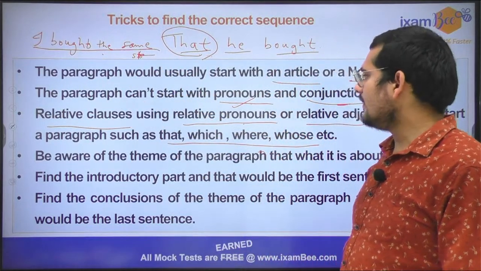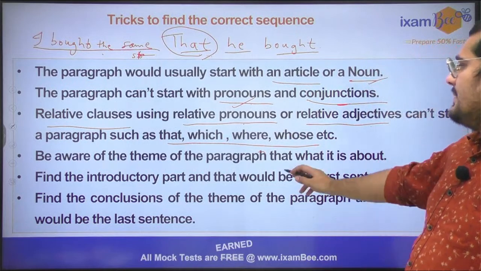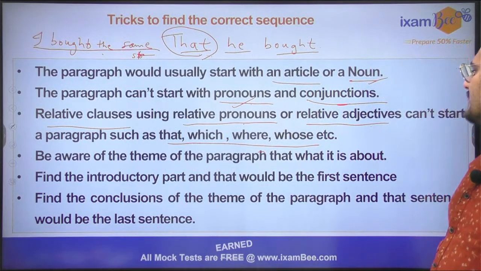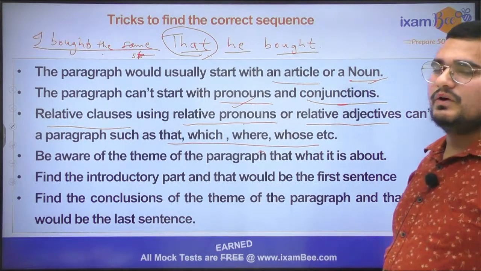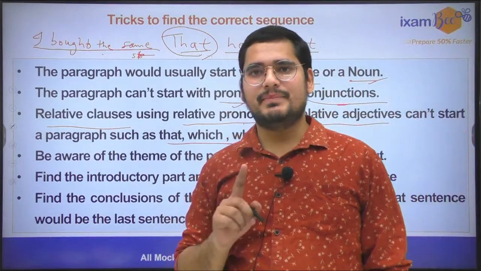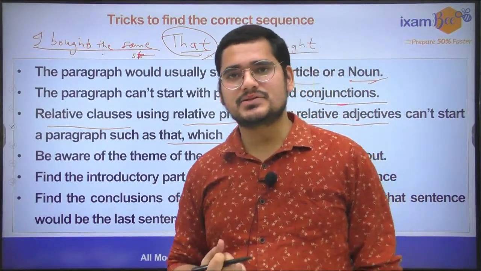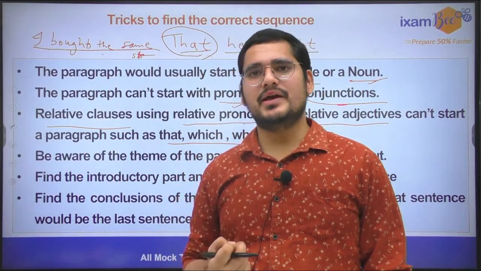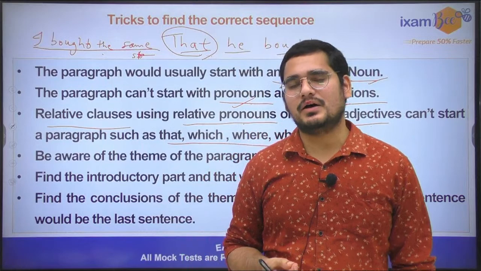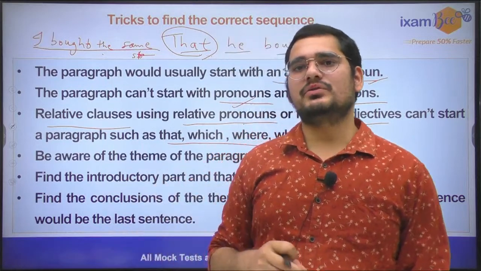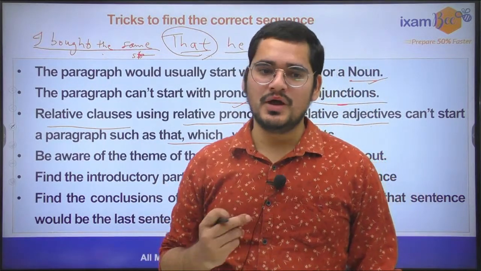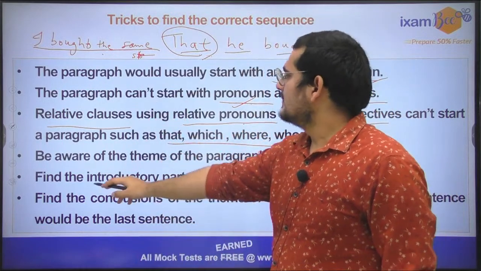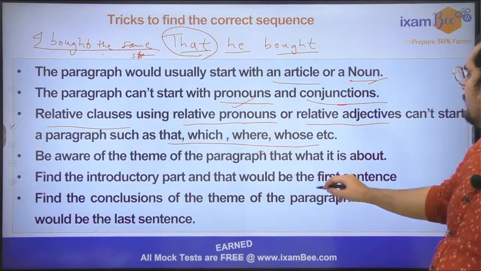Now be aware of the theme of the paragraph, what it is about, okay. When you go through all the sentences, the first thing is that you go through all the sentences and understand the meaning, what it is trying to say actually, what is the theme of the passage, what it is trying to talk about, right? This helps you to find the introductory part, and that would be the first sentence.